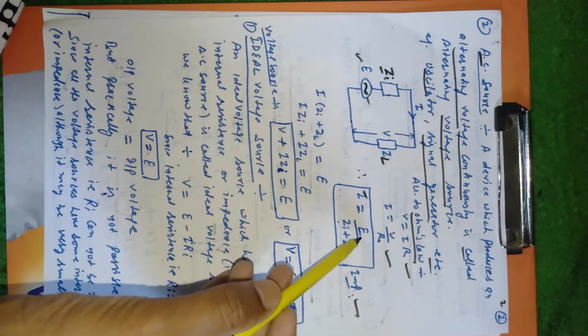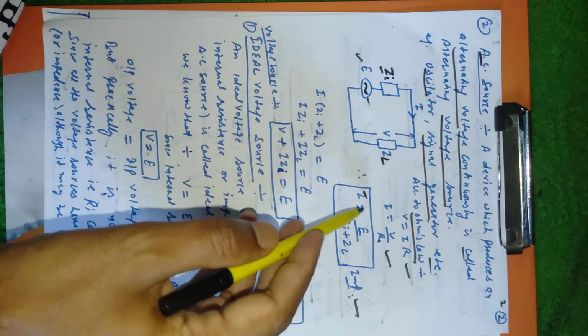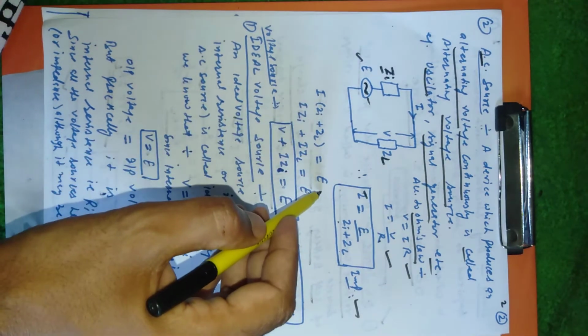And again, opening these equations, E is equal to, cross multiplying, I times Zi plus ZL.